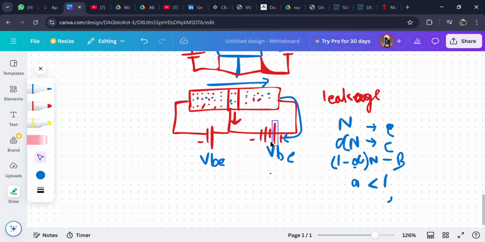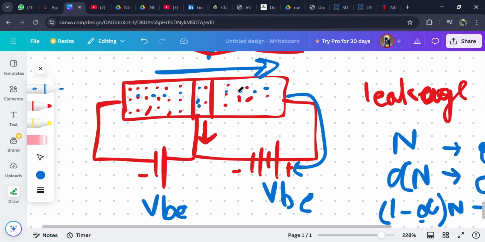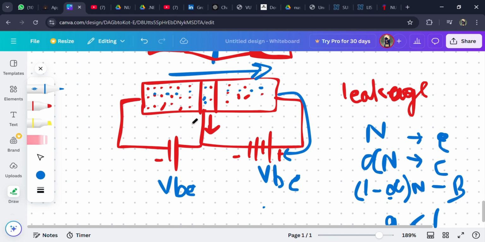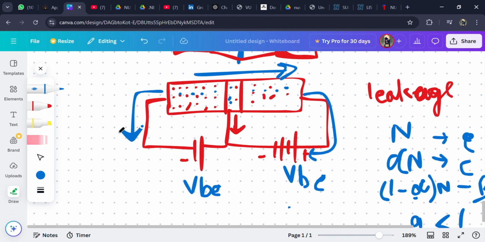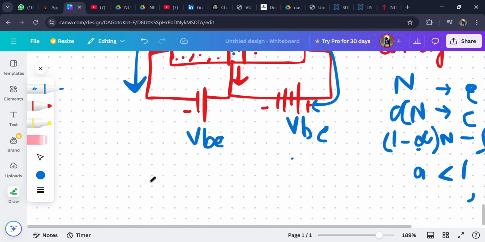Now, we all know that the flow of current is in this direction, right? In the beginning I told you what conventional current is, that it is opposite to the direction of the electrons. So the current that is flowing would be in this direction. Let's consider that the current flowing in the emitter is IE.